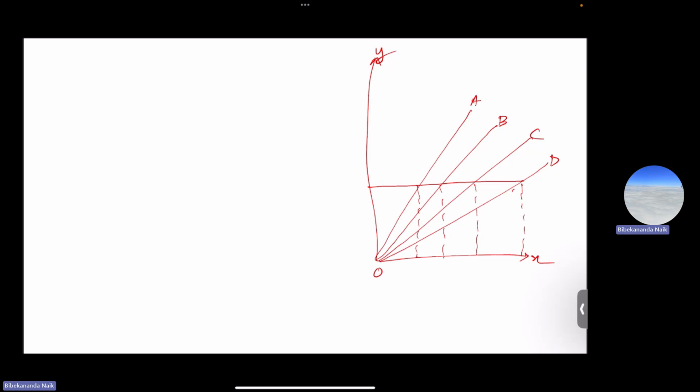Suppose this is small a, small b, small c, small d. Now for all these points, F is same. Is it not?